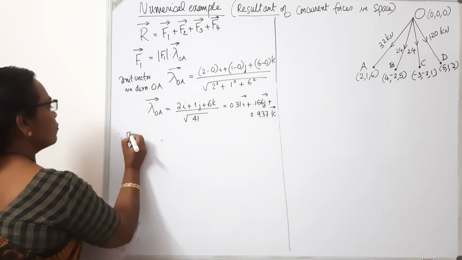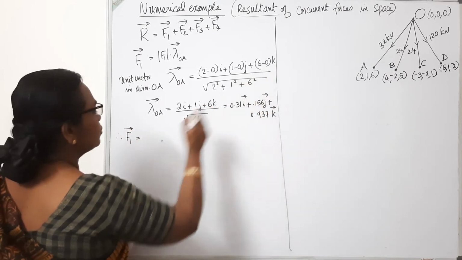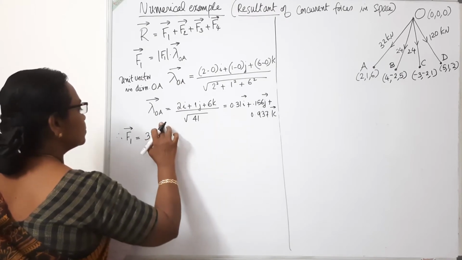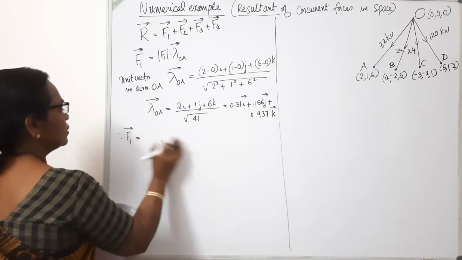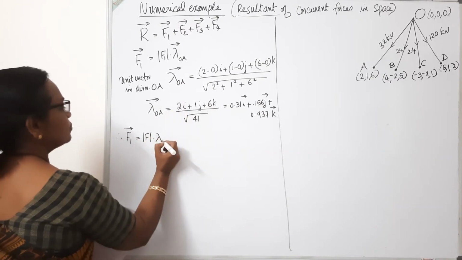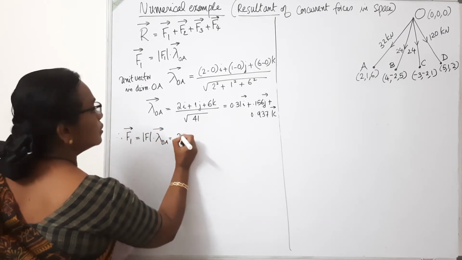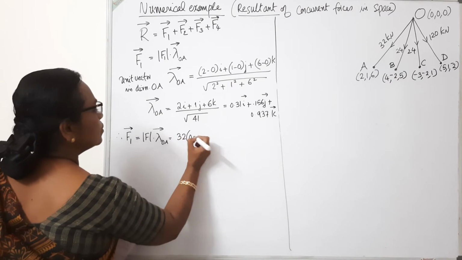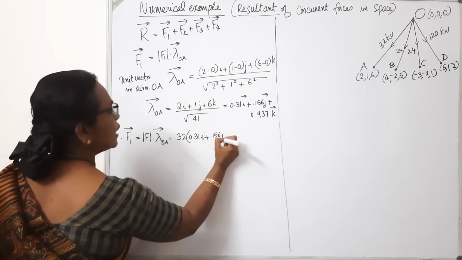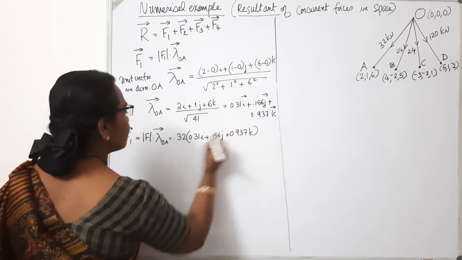Therefore, I can write F1. The force vector F1 is equal to the magnitude of F1, which is 32, into, I'll write once again, the F1 vector is nothing but the magnitude of F into the unit vector in this direction OA, lambda OA, which will be 32 into 0.31i plus 0.156j plus 0.937k.